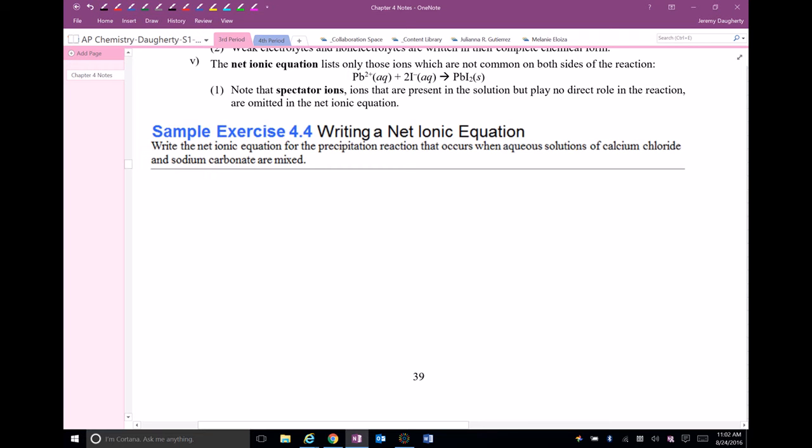Write the net ionic equation for the precipitation reaction that occurs when aqueous solutions of calcium chloride and sodium carbonate are mixed. Okay, why don't we start out with first, go ahead and you jot down the reactants. Write down the formula of the reactants, and then we'll compare scores here.